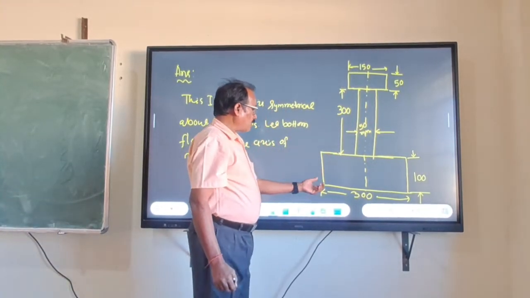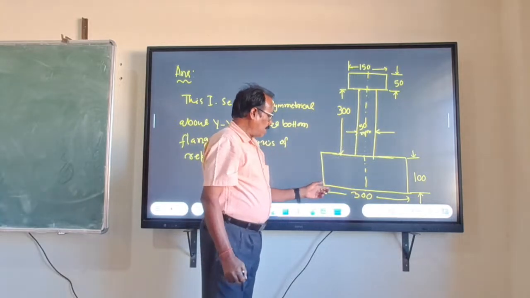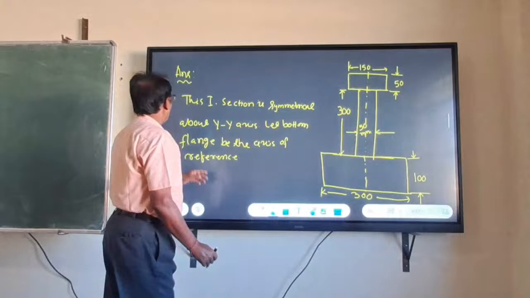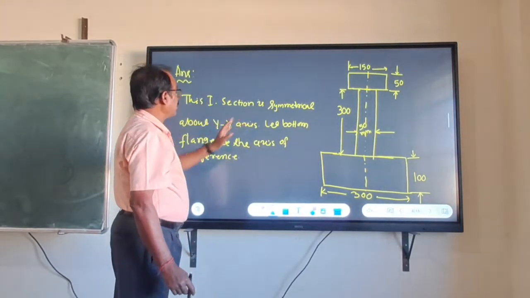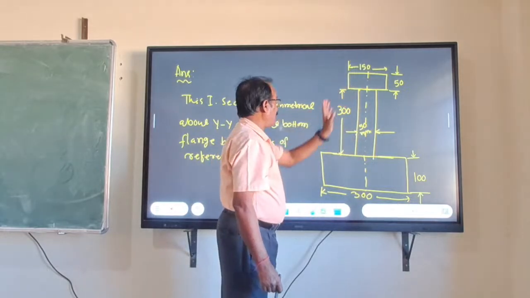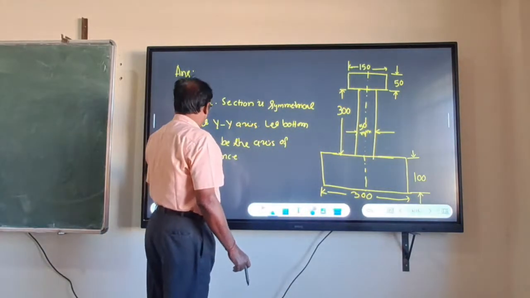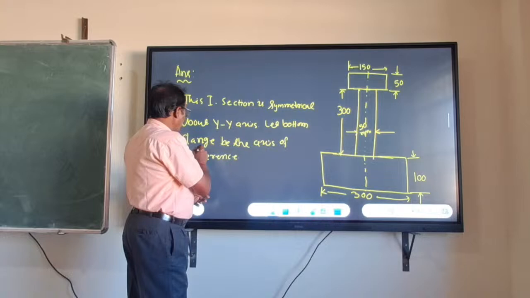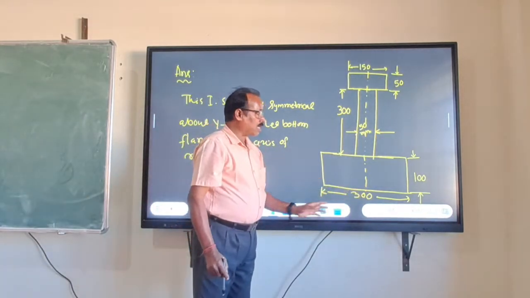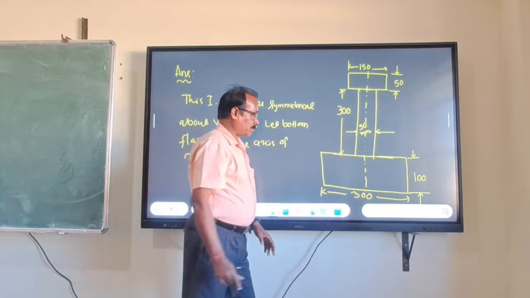The dimensions of the bottom face are 300 into 100. Now, this I section is symmetrical about the y axis. Then, let the bottom face of the axis be the reference.